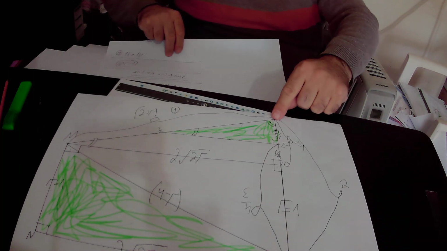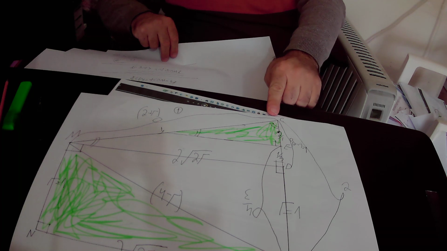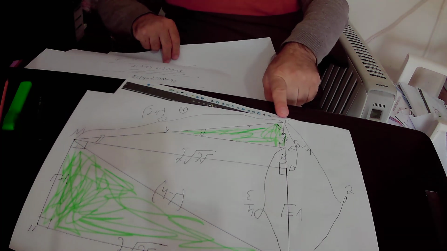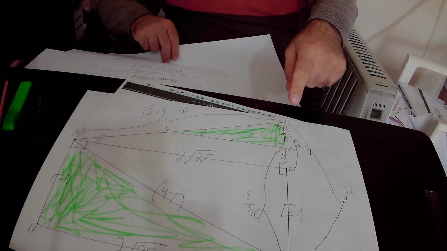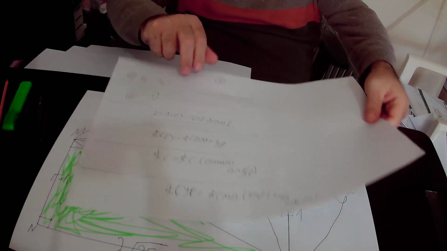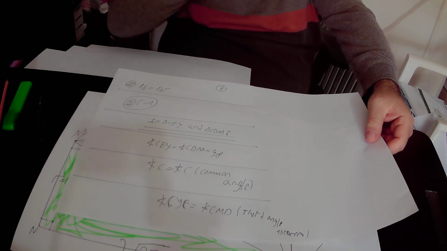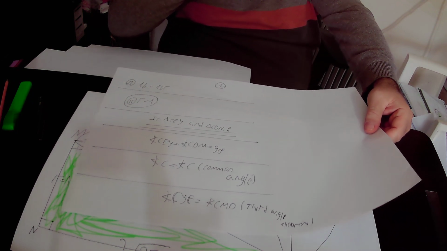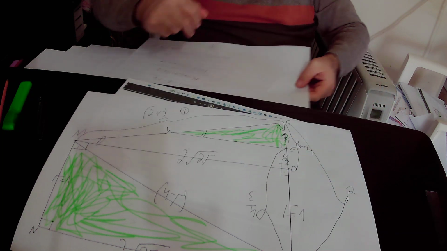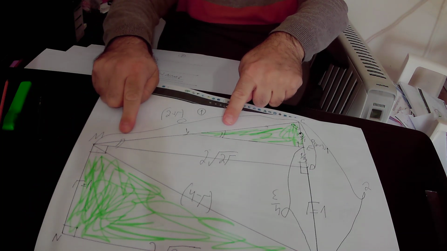And we have this angle that is the common angle, it belongs to both triangles. This angle, angle C, belongs to the green triangle, and it also belongs to triangle CDM. So we can write down that angle C is a common angle that belongs to both triangles. And we also have those two angles that are equal to each other according to the third angle theorem.